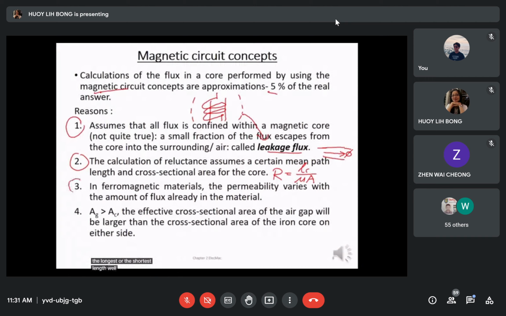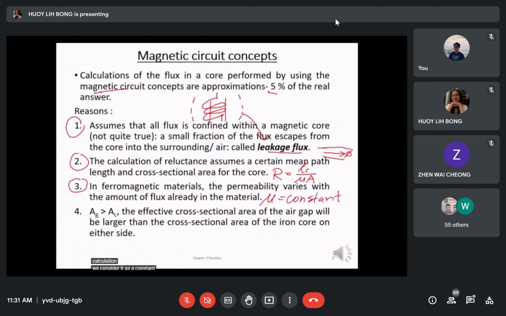Number three, in ferromagnetic materials, the permeability varies with the amount of flux already in the material, but in our calculation, we consider it as a constant.